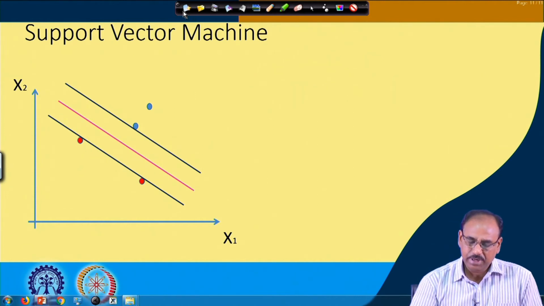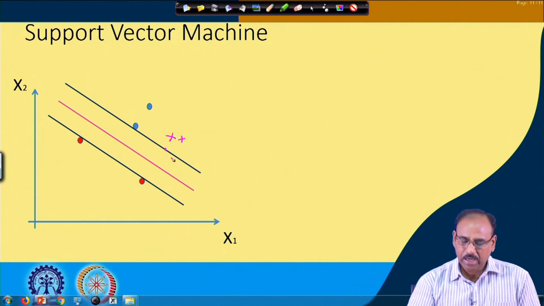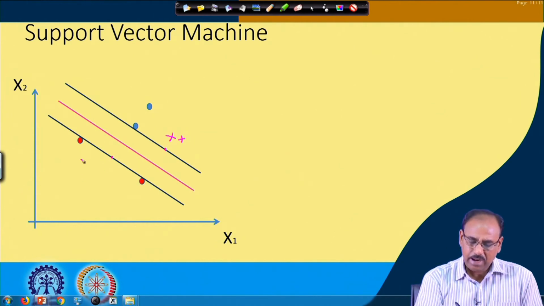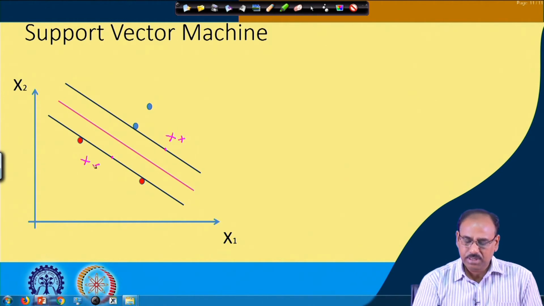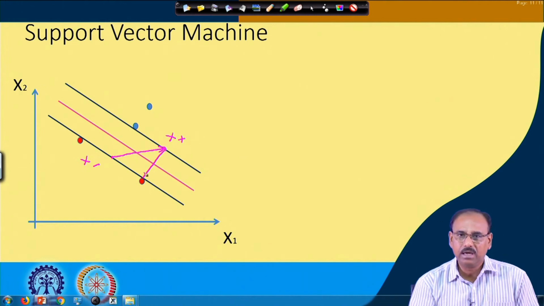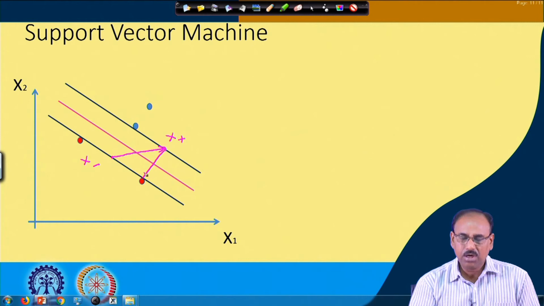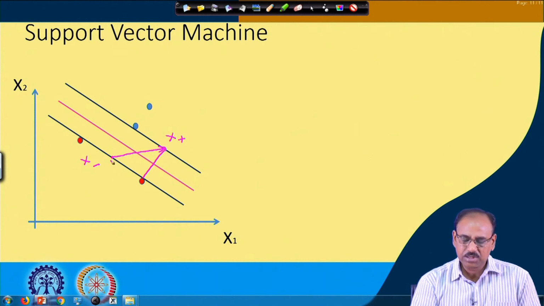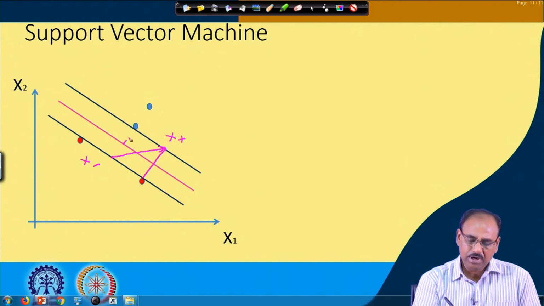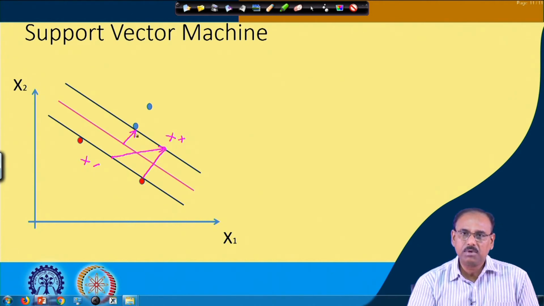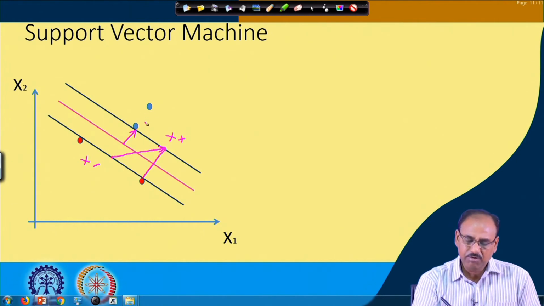So, the situation that I have over here is I have taken a vector x plus in omega 1 region, I have taken a vector x minus in omega 2 region, drawn a vector from x minus to x plus, and then from this I have to find out the margin, which is nothing but the dot product of the vector drawn from x minus to x plus with the unit vector in the direction of w, which is nothing but orthogonal to the separating plane, and the unit vector in this direction is given by A upon mod of A.